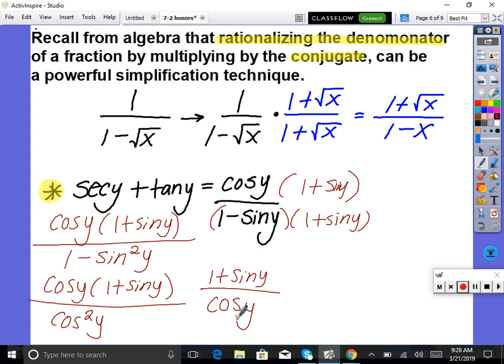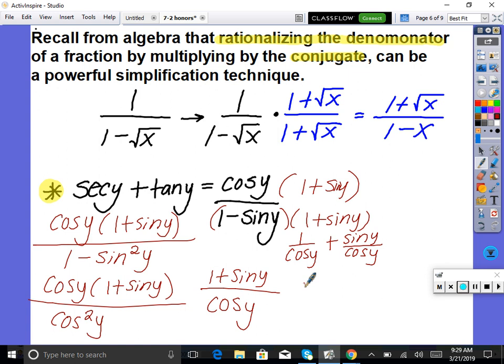Have we reached our answer yet? So you said you would split it up as 1 over cosine of y, because we haven't reached our goal yet, plus sine of y over cosine of y. Yeah, but is that going to help us get to reaching our goal?